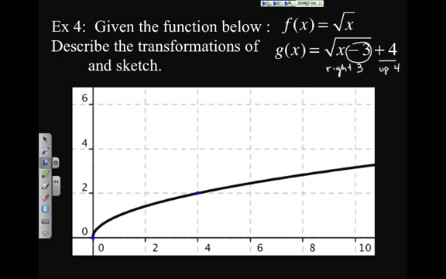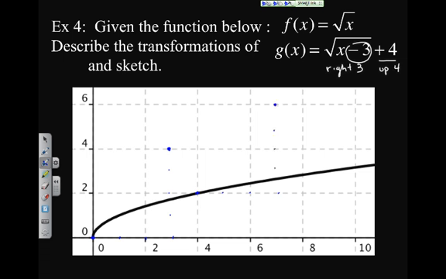So we're going to move to the right 3, 1, 2, 3, and we're going to move up 4, 1, 2, 3, 4. So this function is actually going to start at the point 3, 4. This point is also going to move to the right 3, 1, 2, 3, and up 4, 1, 2, 3, 4.